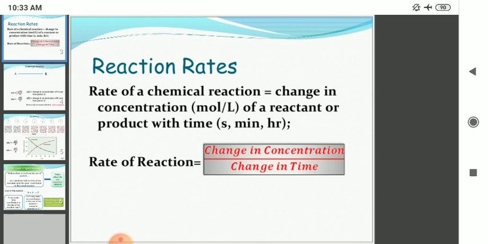So we have written: rate of chemical reaction is nothing but change in concentration of a reactant or product with time. We measure concentration in mole per liter, and with respect to time, rate of reaction is the change in concentration divided by the change in time.